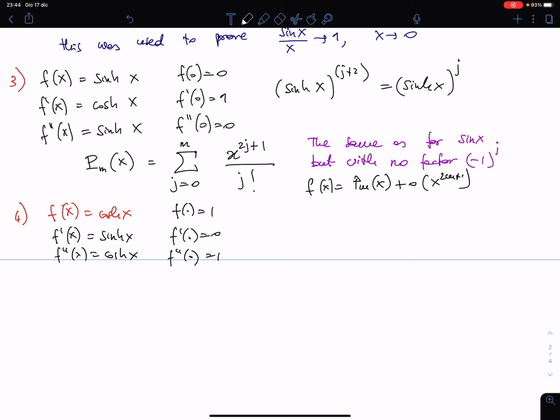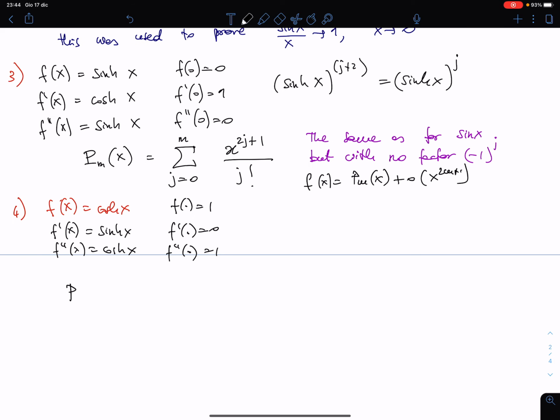And here this time we have that Pm of x is made only by even powers. So sum from j from 0 to m, x to the power 2j divided by (2j) factorial.